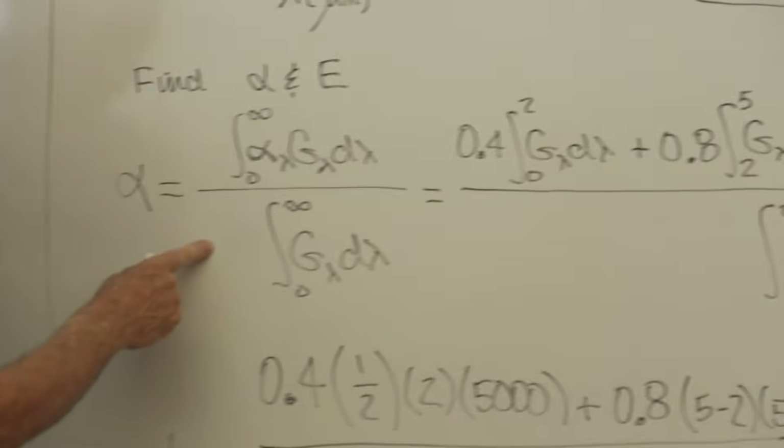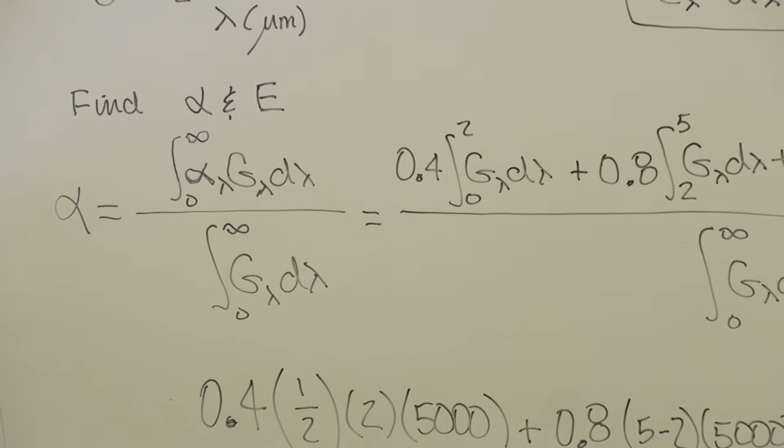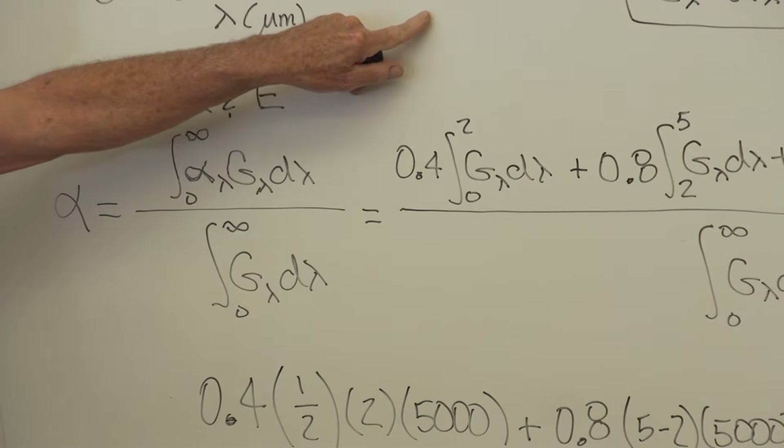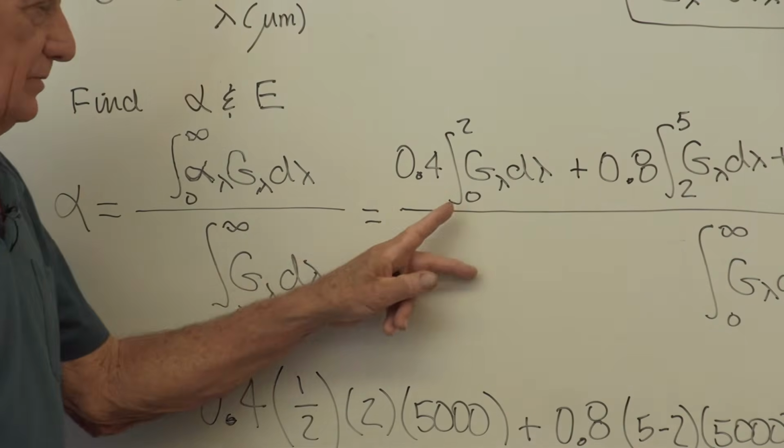Now, we break it down and integrate by parts. Every time something happens at a certain wavelength, we integrate in that interval. So when does something happen? At 2, at 5, and at 10. So we first integrate 0 to 2.